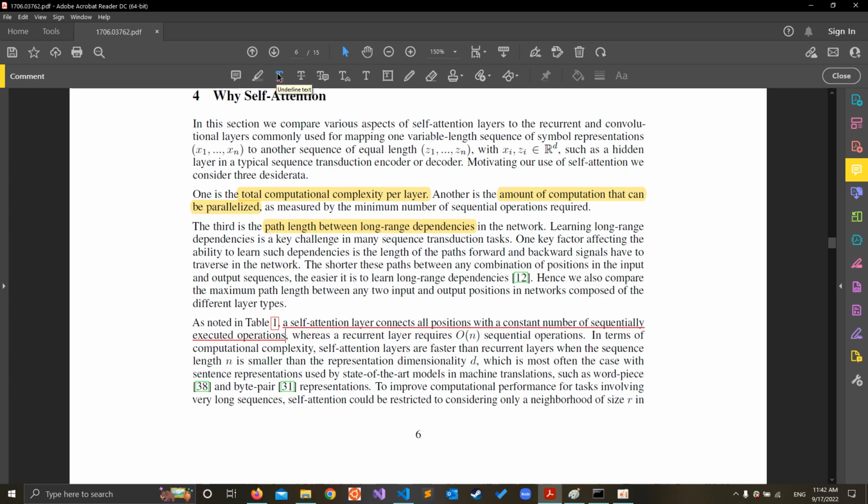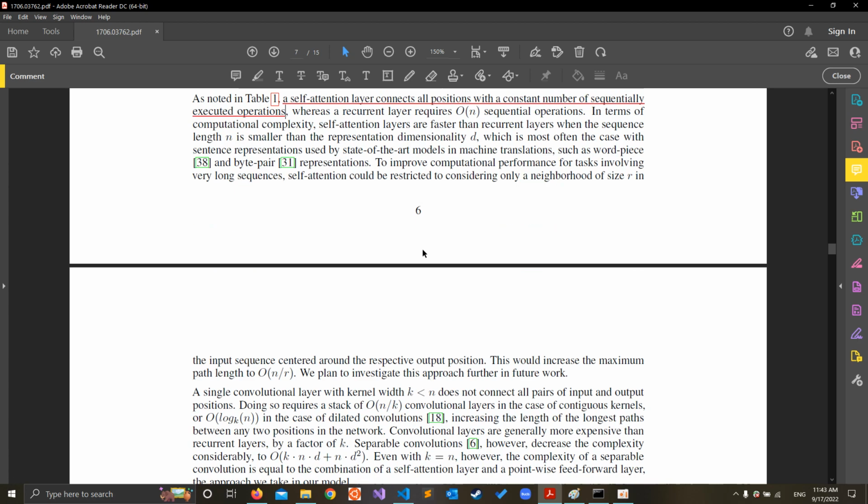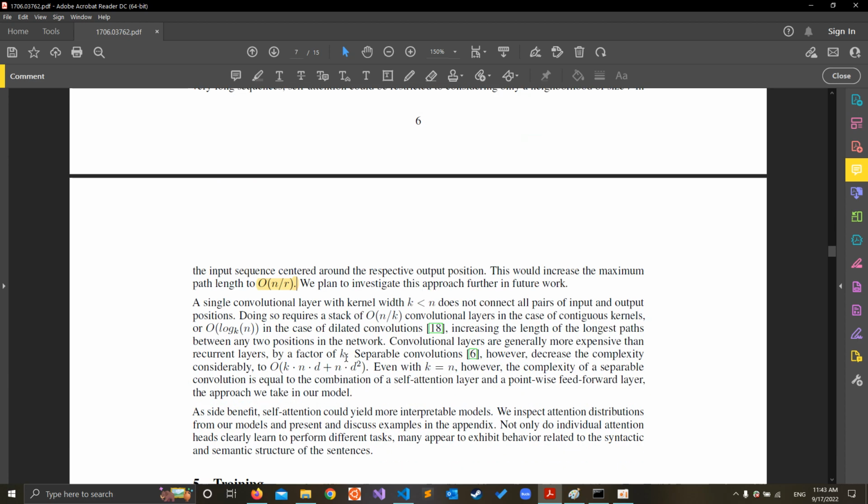To improve computational performance for tasks involving very long sequences, self-attention could be restricted to considering only a neighborhood of size r in the input. So its complexity can be reduced to this. So it's talking about that.